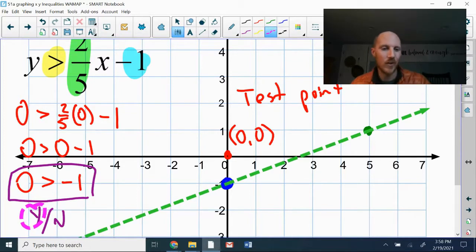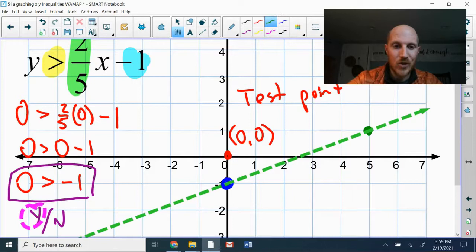Right. Since this is a true number sentence, that's also answering the question, is this test point in the part of the graph I should shade? Okay. So I asked the question, is it a true number sentence? But really the question that is getting answered here is, is that test point in the part of the graph that I need to shade? And it is.